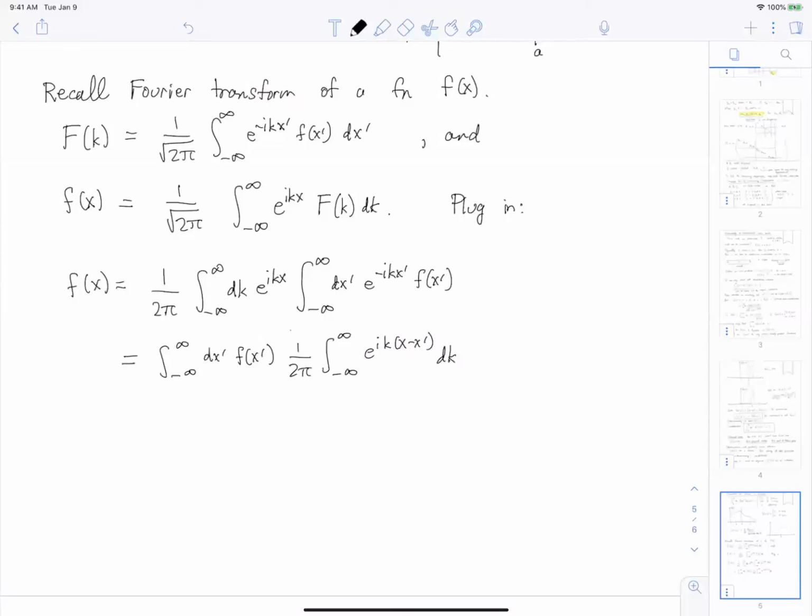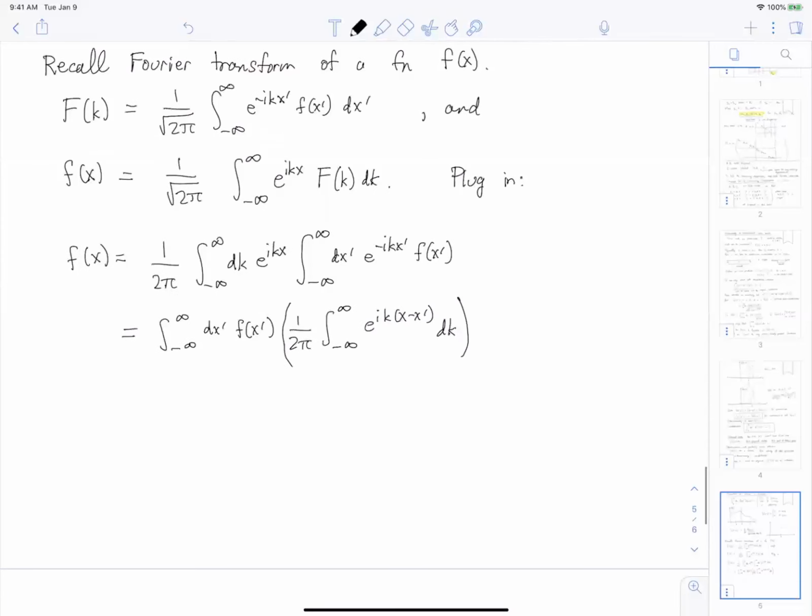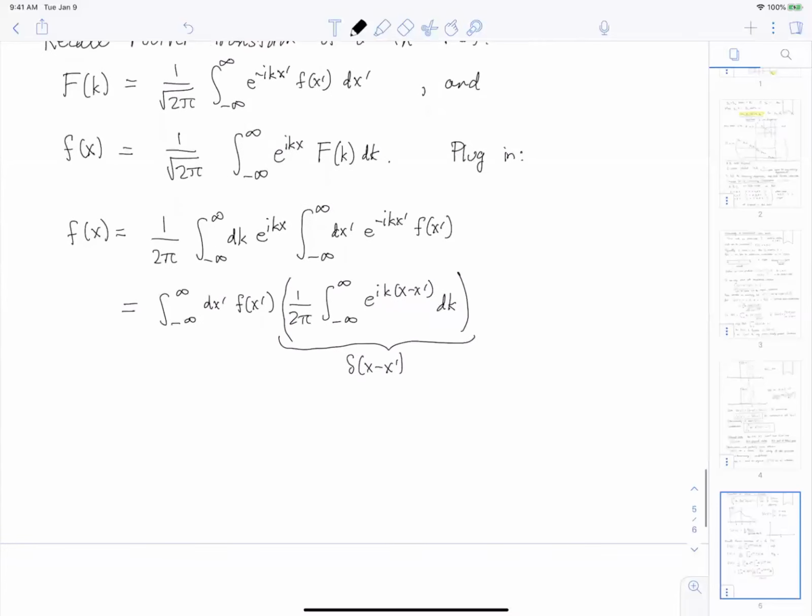And let me put parentheses around that part of it, because if you stare at this and go back to when we first wrote down what the delta function was, that means this thing right here has to be the Dirac delta function. So just to summarize, let's call x prime a, just for variety.